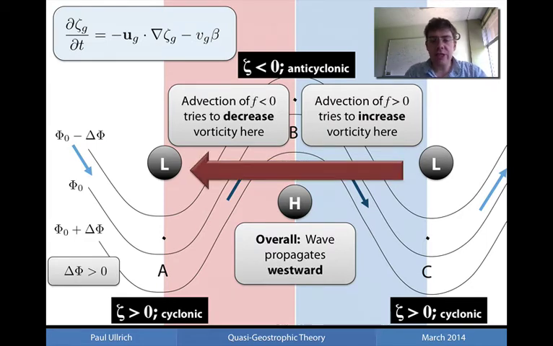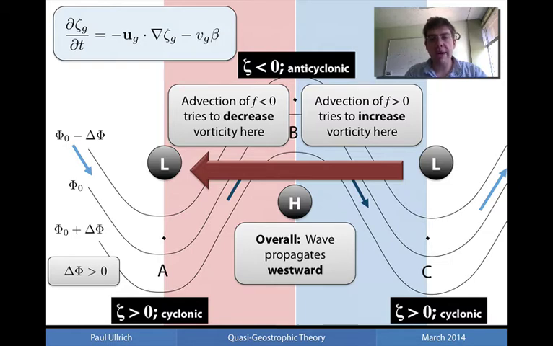The opposite tends to occur with planetary vorticity advection. In this case, in the red region, advection of planetary vorticity tends to decrease the value. So this leads to the red region exhibiting more ridge-like behavior associated with the wave, whereas the blue region exhibits more trough-like behavior.